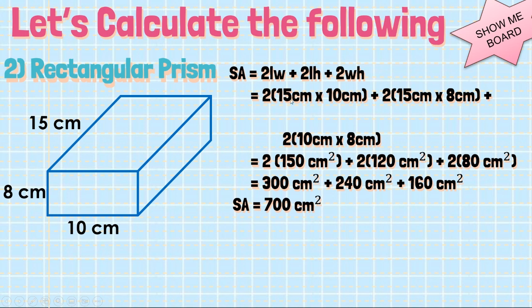Then multiply 15 times 10, the answer is 150, 15 times 8, the answer is 120, and 10 times 8, the answer is 80. Multiply by 2 each of the following terms. So 150 times 2, 300, 2 times 120, 240, 2 times 80, 160, and then added all together, the answer is 700 square centimeter.